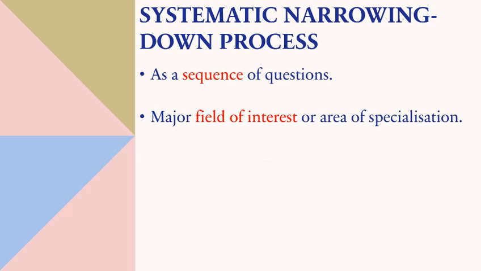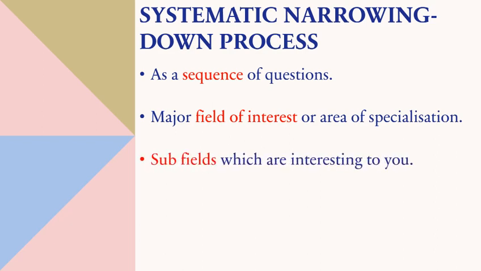So it is important in this process of systematic narrowing down to identify a major field of interest or your area of interest or specialty. And then from the major area of specialty, you identify the subfields. So for example, if your area of specialty is agriculture, you may specify the subfield as agribusiness. If your area of specialty is biology, you may identify the subfield as ecology. If your area of specialty is agriculture, again, you may specify your subfield as agroecology.